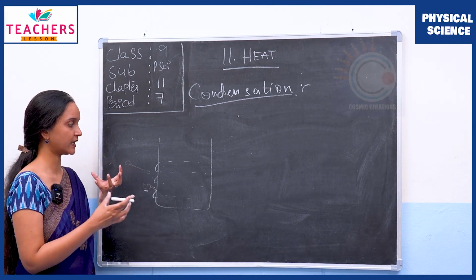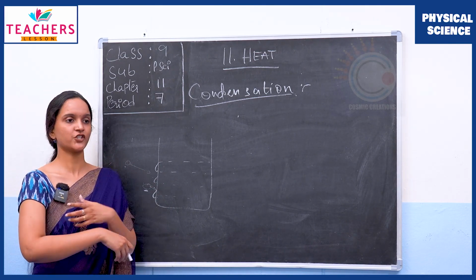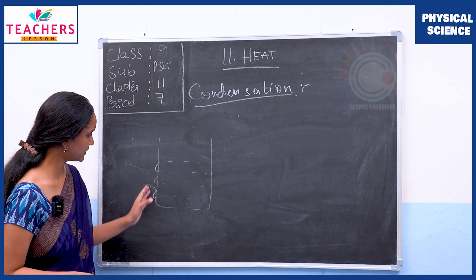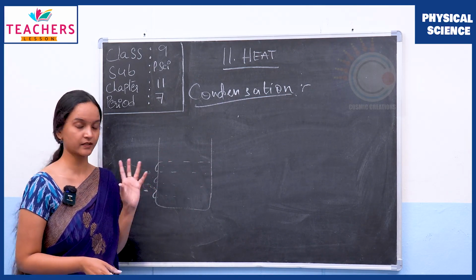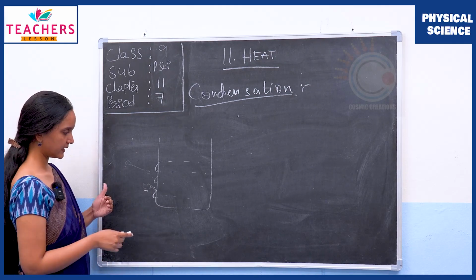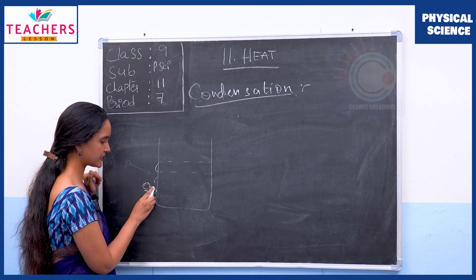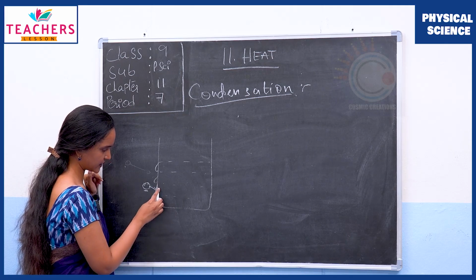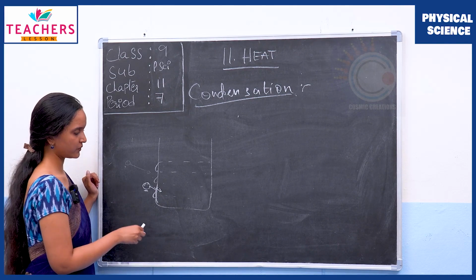The kinetic energy of these water vapor particles is reduced and they change into the liquid state and settle on the surface of this water glass or water bottle or the colder surface, whatever it is. Now in turn, the energy from these vapor particles is transferred to the glass, and again from the glass the energy is transferred to the water inside, right? Now what happens?